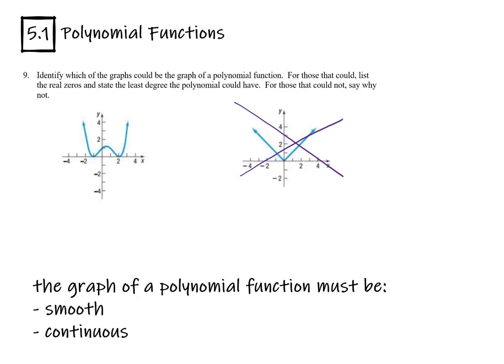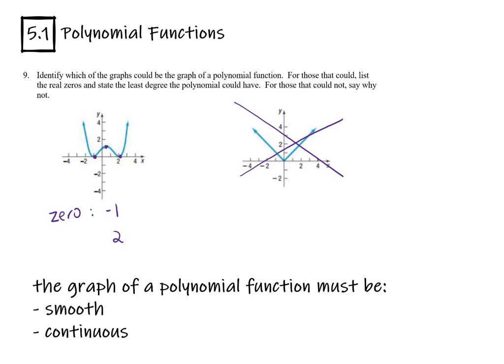The real zeros are at -1. It has a 0 at -1, and it has a 0 at 2. And the least degree this polynomial could have, well, let's see. It has 1, 2, 3 turning points.